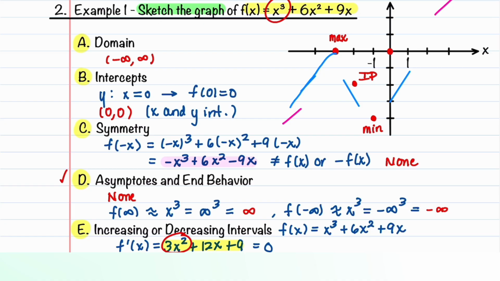We're going to go up to our max, and then it's going to be concave down till this point, and then the concavity changes, and it's going to be concave up, and it's going to pass through this point and continue going that way. Now let's go ahead and erase our other lines. And there we have our graph.